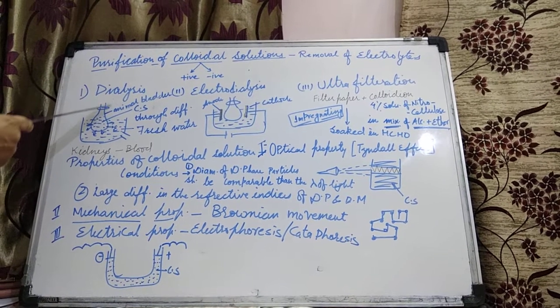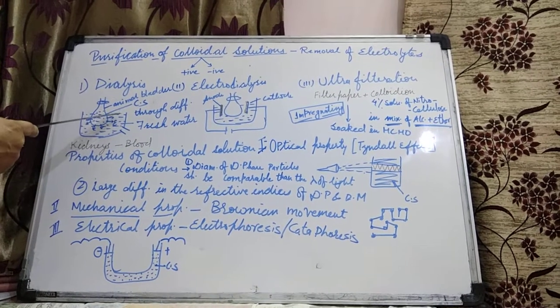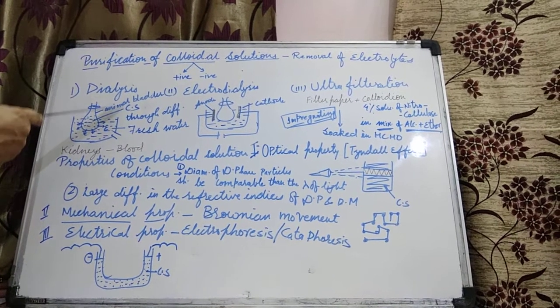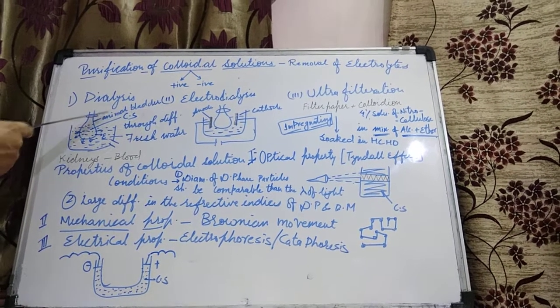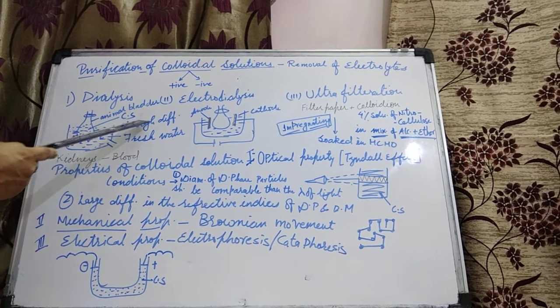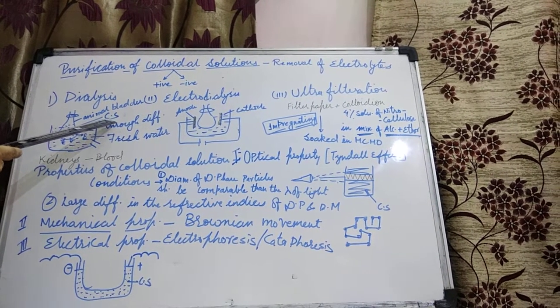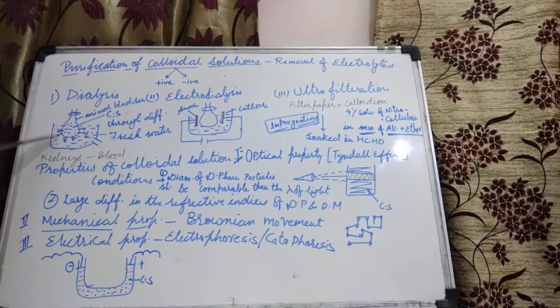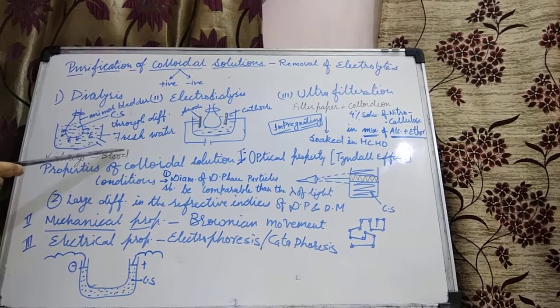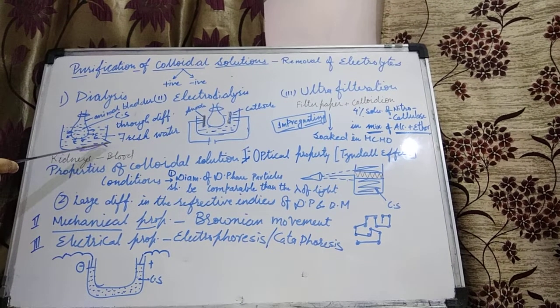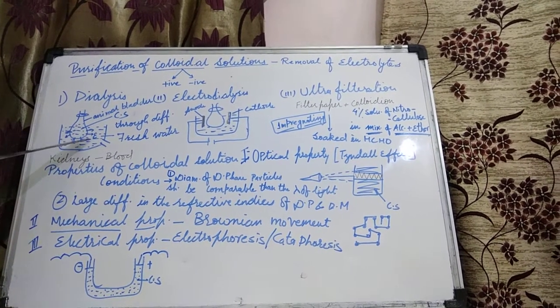Firstly, we prepare a bag made up of parchment, an animal membrane like animal bladder, and in that bag we fill colloidal solution containing excess electrolyte. That bag is suspended in a trough where fresh water is continuously running.